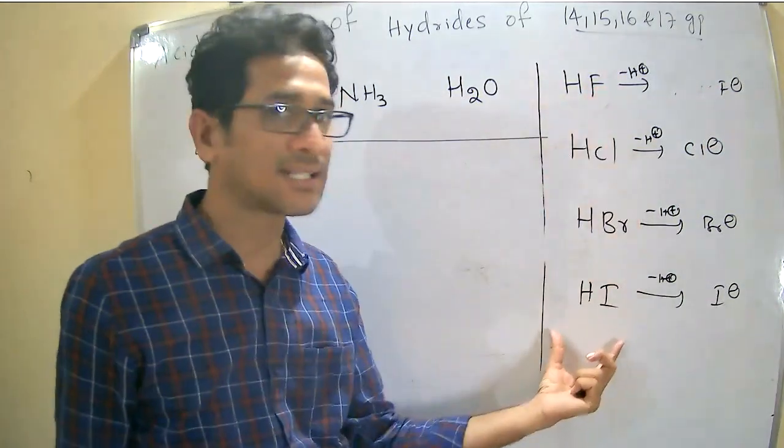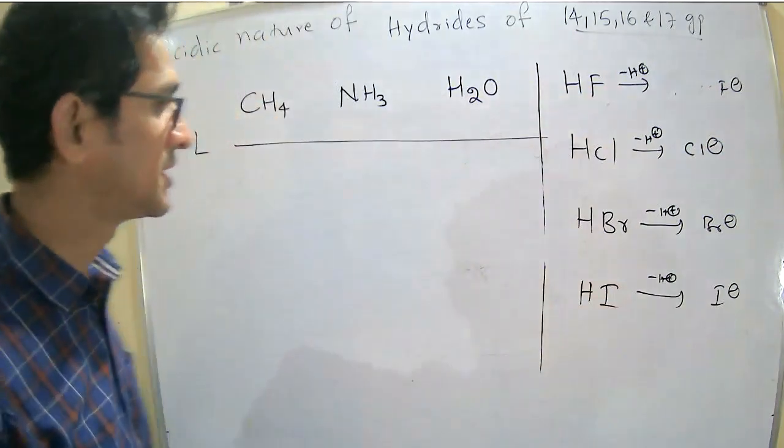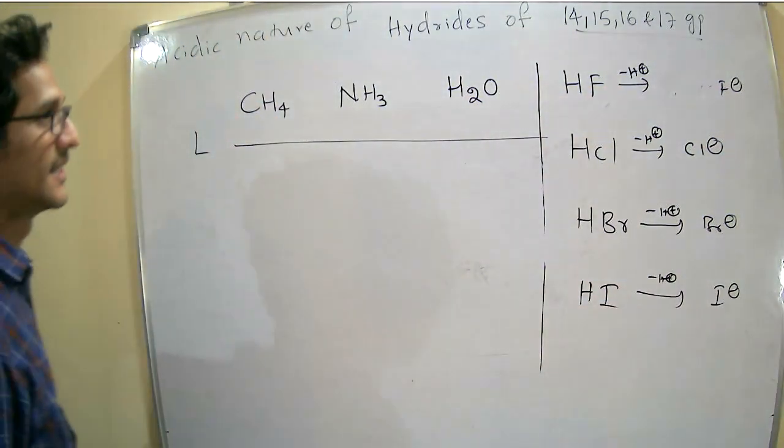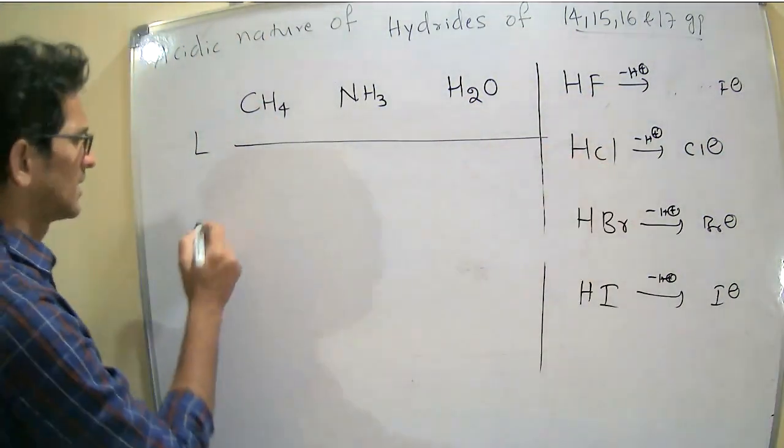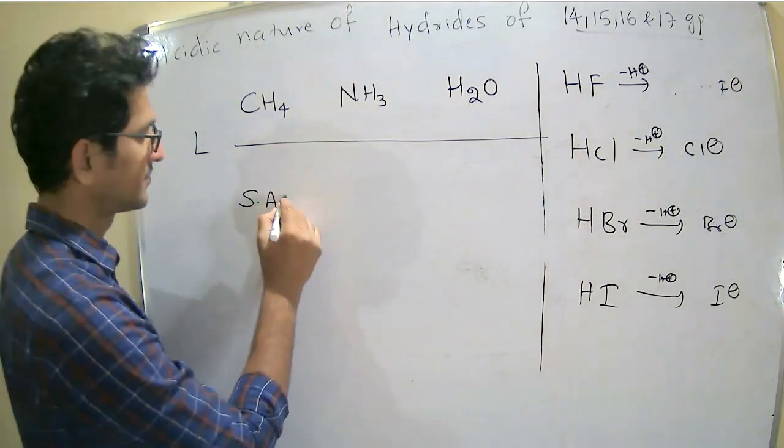These are all acids, but among all these, which is the strong acid? From the definition, what is a strong acid? Acid means a species which donates an H plus ion.